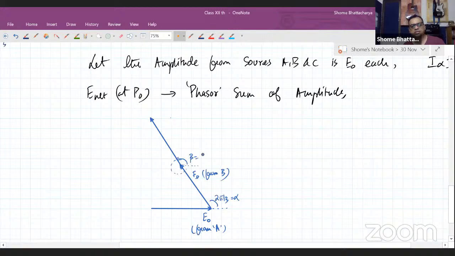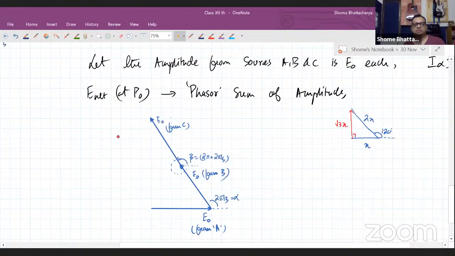So beta is 2 pi plus 2 pi by 3. So this is from the source C. Okay, so you can see that it is that sort of triangle, 120 degrees. Okay, so this sort of thing will happen.